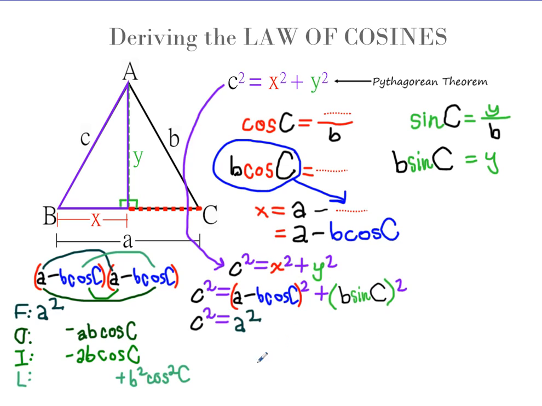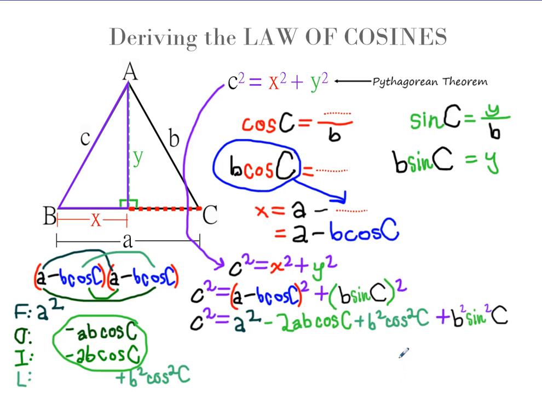Sliding that up, okay. A squared, good. And now these guys are like terms, so they're going to combine into two of those, two ab cosine c's, and they're negative. And then putting down the last piece. And then also remembering that this squared is applied to the b, and it's applied to the sine.